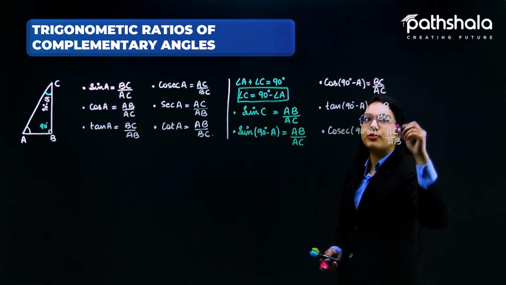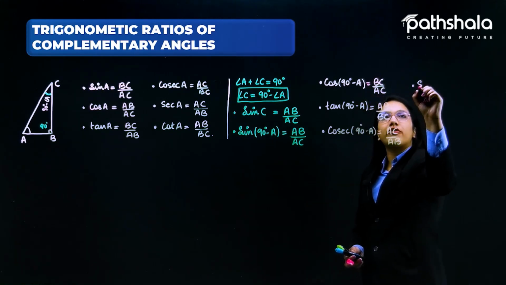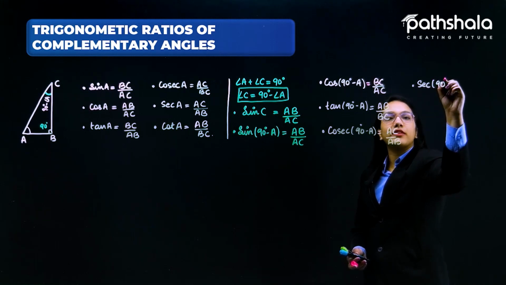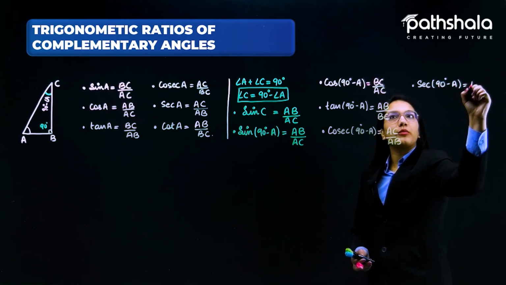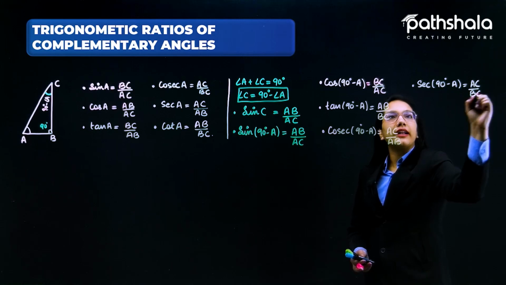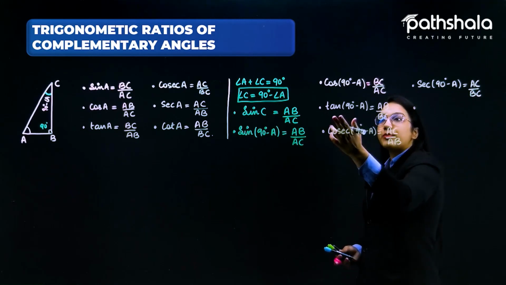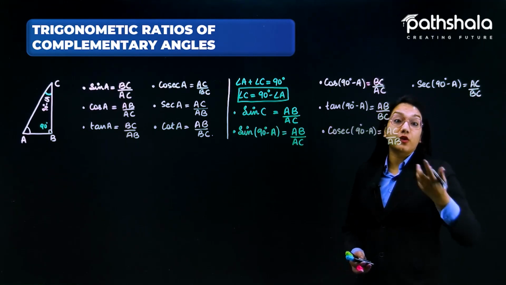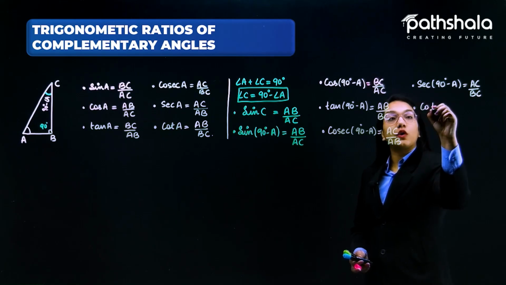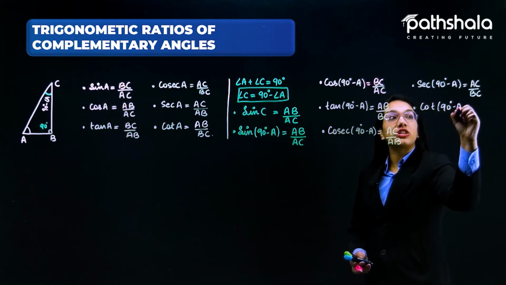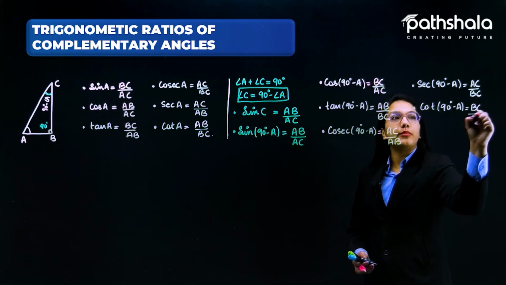Taking the reciprocal of cos, secant 90 minus A is AC divided by BC. And the reciprocal of tangent, cot of 90 minus A, is BC divided by AB.